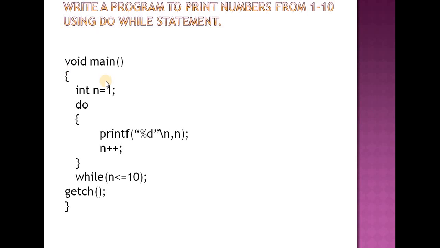So void main, we will require one variable. Since we are printing the numbers from 1 to 10, the first number, that is the initial value 1, is initialized to the variable n. Do printf, n will get printed, that is 1 will get printed.